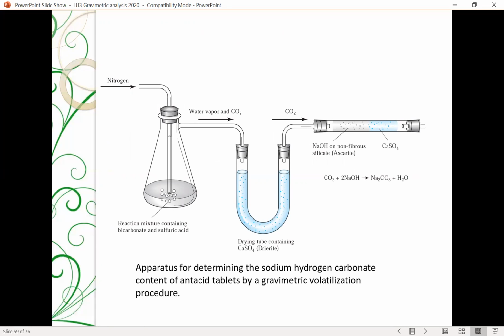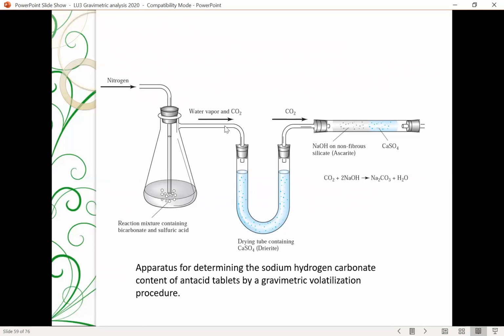If you look at the example here, this is an apparatus for determining the sodium hydrogen carbonate content of antacid tablets by a gravimetric volatilization procedure. Here we have nitrogen as the carrier gas, and a reaction mixture containing bicarbonate and sulfuric acid. When bicarbonate and sulfuric acid react, they release water vapor and also carbon dioxide.